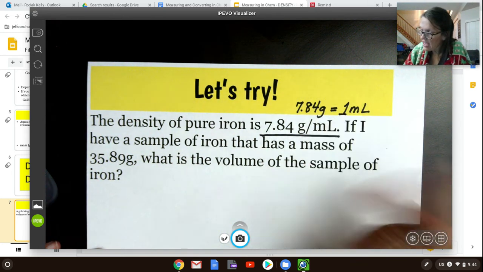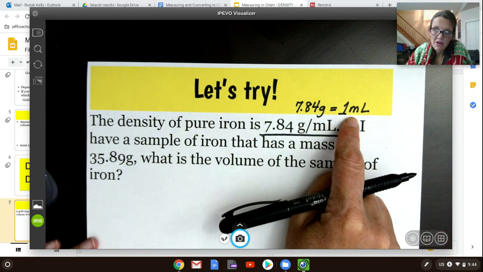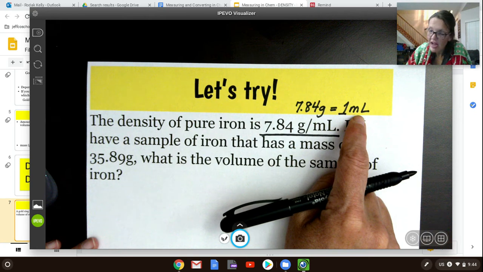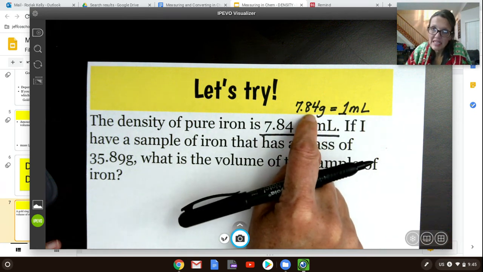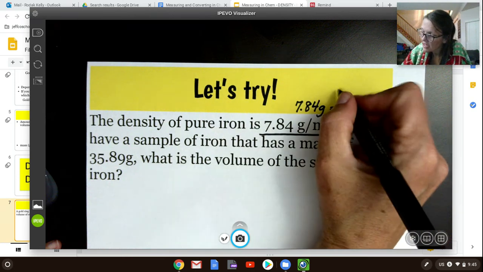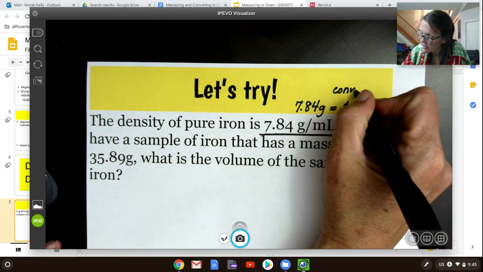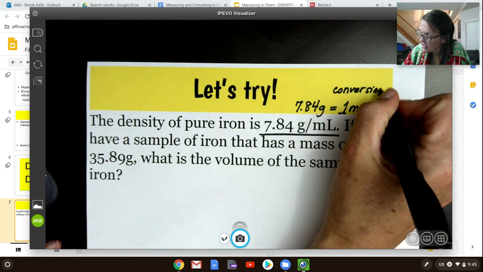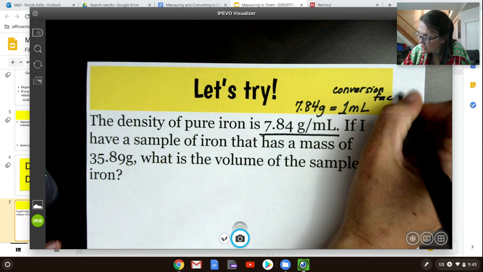In other words, if I have 1 milliliter of pure iron, so I have that volume of iron, then I know beyond a shadow of a doubt that it's going to have a mass of 7.84. So this becomes a conversion fact for us. So you can think of density as a conversion fact.